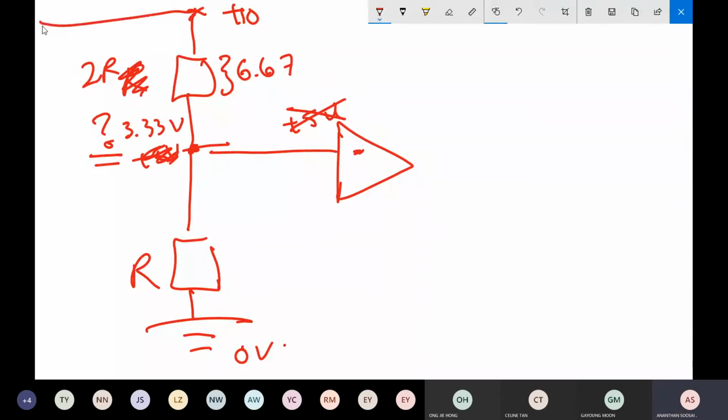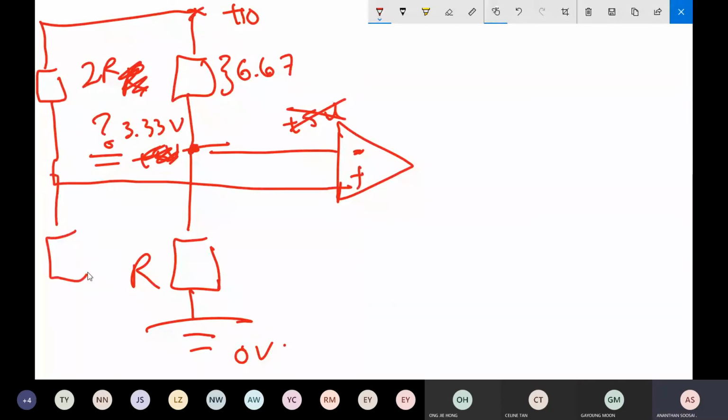Let's say you have another potential divider here, linked to positive, with an LDR here. Let's say this is positive 10 volt, and this is also connected to earth. Now this resistance is R, and there is the LDR.